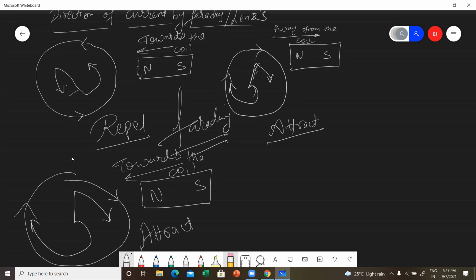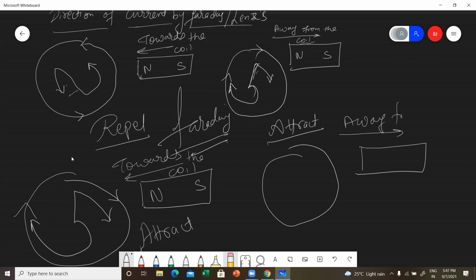Now, this is my coil, and the bar magnet is going away from the coil. Instead of south, it will be north. So the current is going like this.